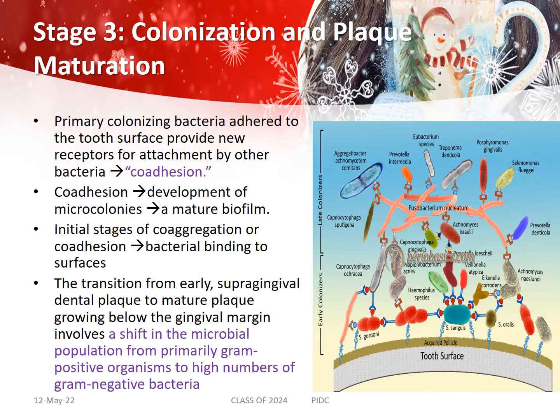Coming on to the colonization and plaque maturation. As told in the previous slide, the same addition of bacteria takes place, wherein first the primary colonizers are there, and then the secondary colonizers come and attach. For example, this is your acquired pellicle, and these are your primary colonizers, which are Streptococcus species, almost all the Streptococcus species.